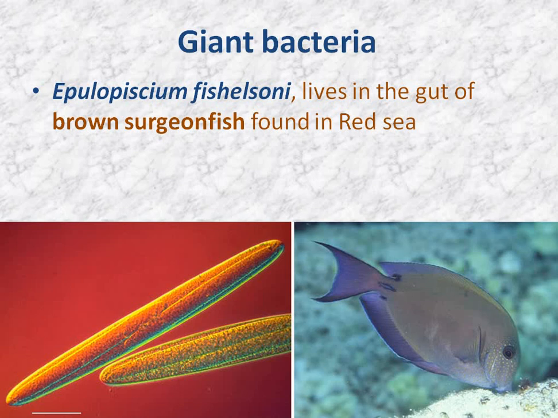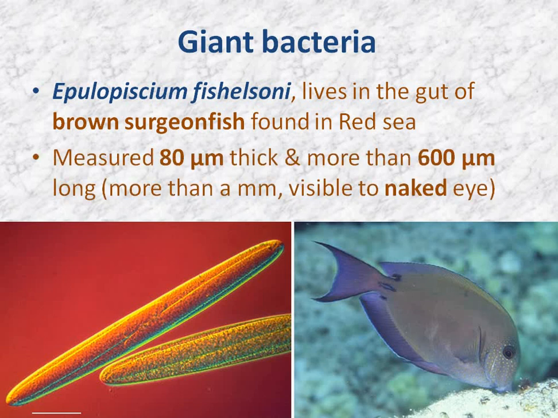It lives in the gut of the brown surgeonfish found in the Red Sea, and its diameter is about 80 micrometers, and it is more than 600 micrometers long. Due to this size, it is visible even to the naked eye, without any microscope. That's why it is called a giant bacterium.